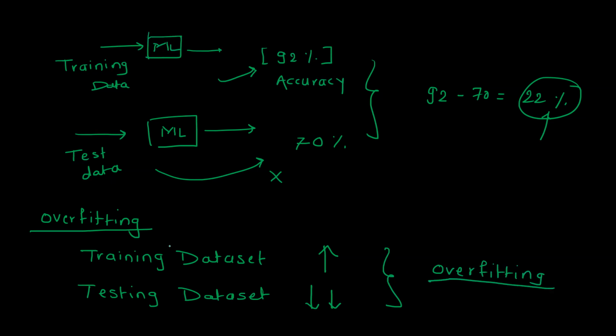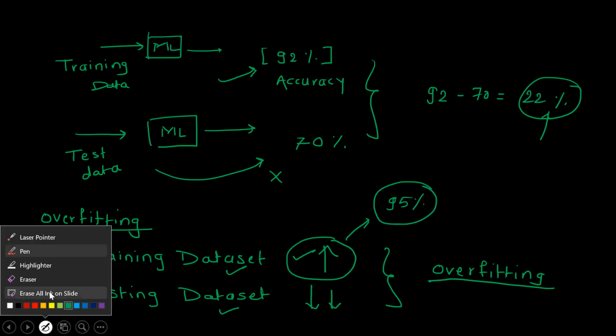So what is happening in overfitting? We have a training data set and a testing data set. When we train the model using the training data set, we may get good accuracy, let us say 95% or 99%.